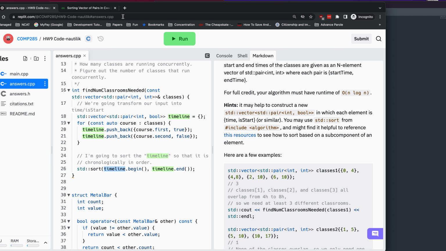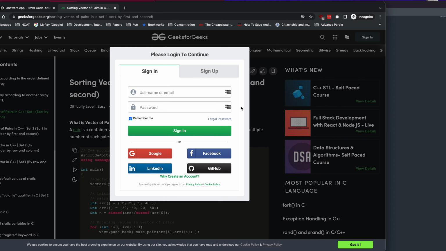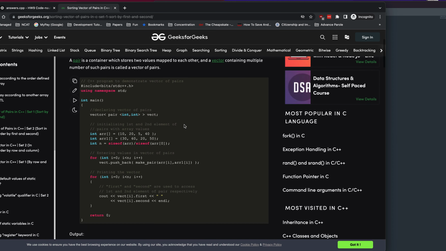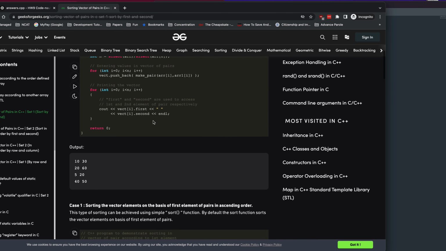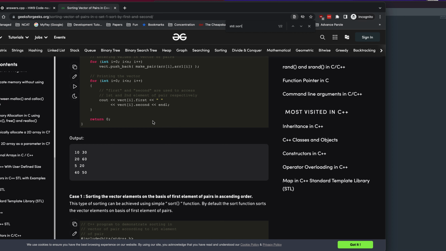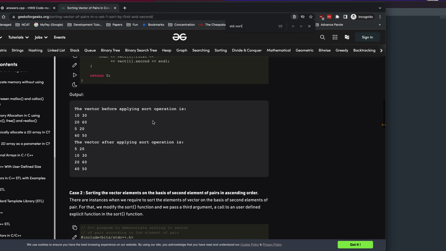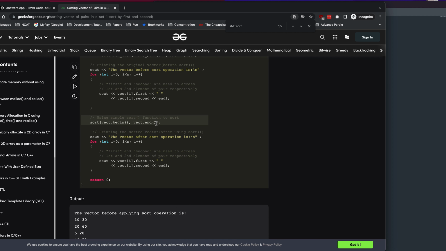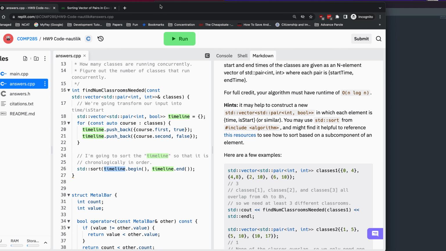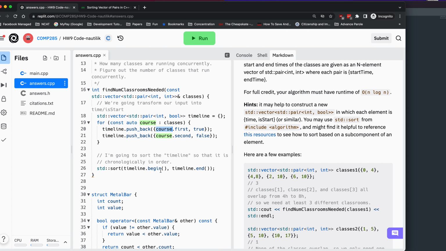to sort them. And you'll actually notice, if you read this stuff here, it does turn out that when you call standard sort, you can also tell it how to sort. By default, it is going to sort by the first element in your tuple.